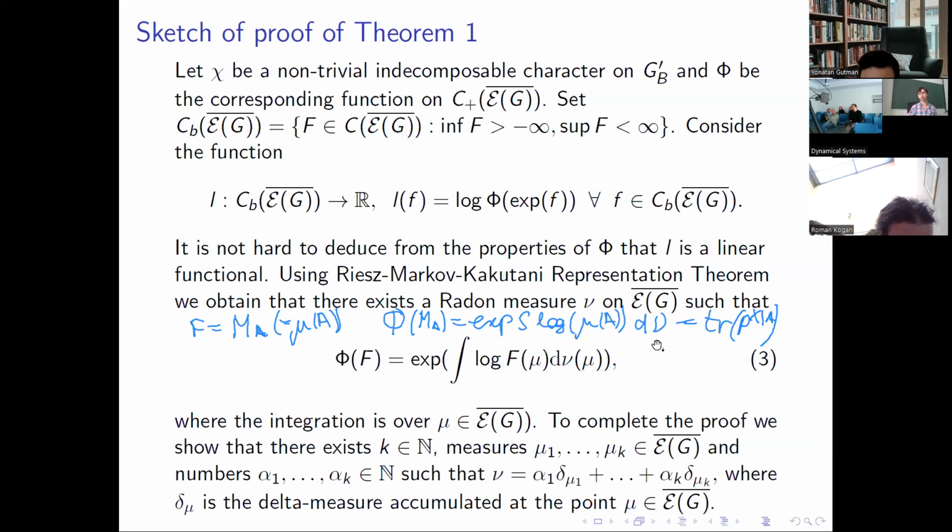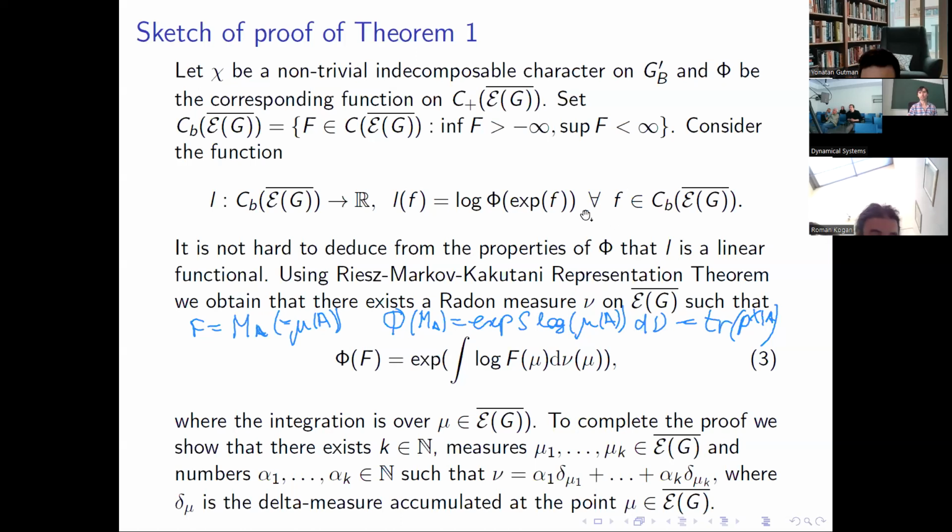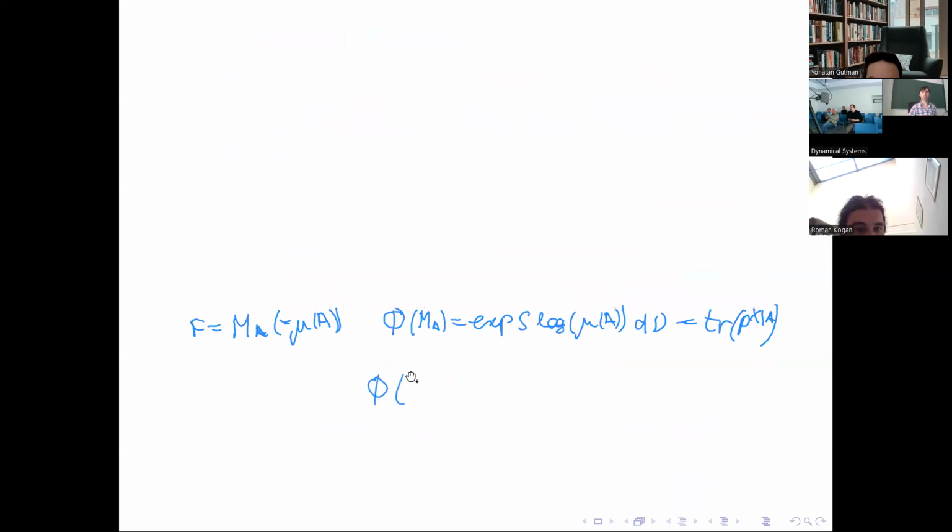So when you take exponent, you obtain exactly this formula. So we'll have what we wanted, phi of M_A, product of measures.